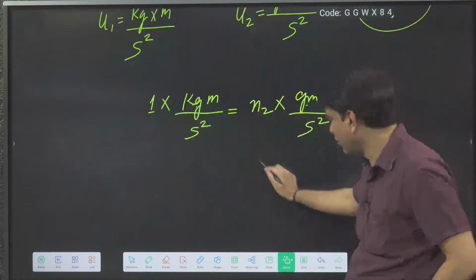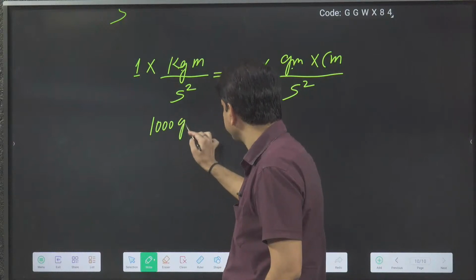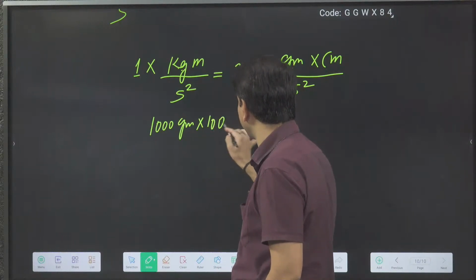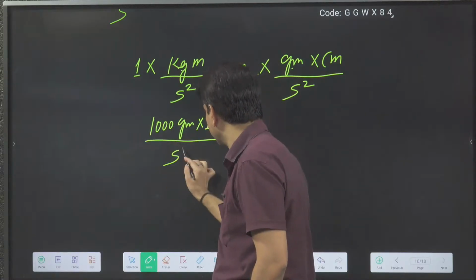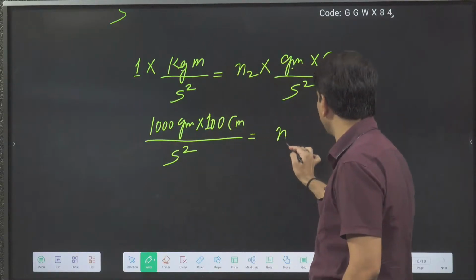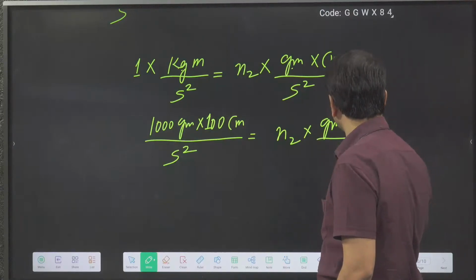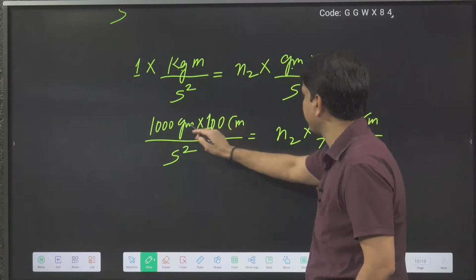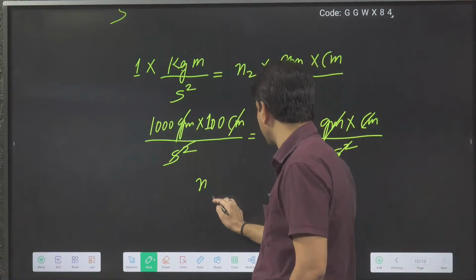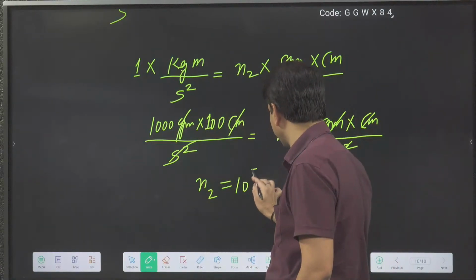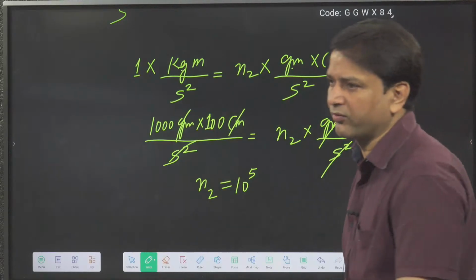Now kg, here I am writing as 1000 gram. Meter I am writing as 100 centimeter, upon second square, is equal to N2 into gram into centimeter upon second square. Now gram cancels out, centimeter cancels out, second square cancels out, and N2 you got 10 to the power 5. Then I can say 1 Newton is equal to 10 to the power 5 dyne.